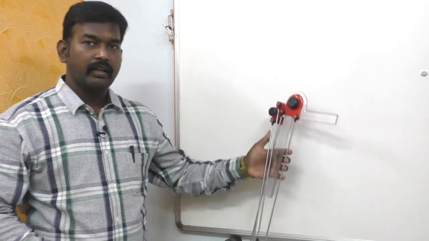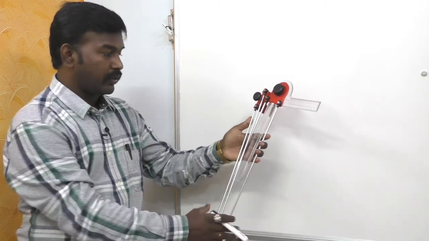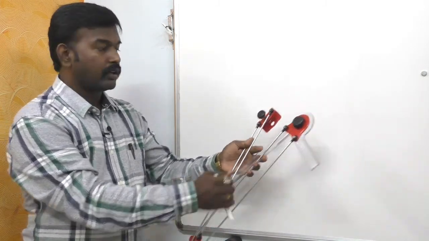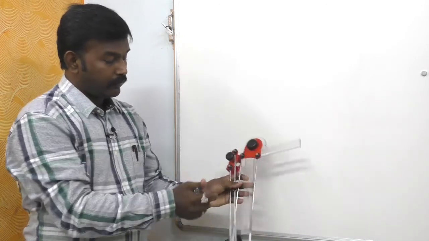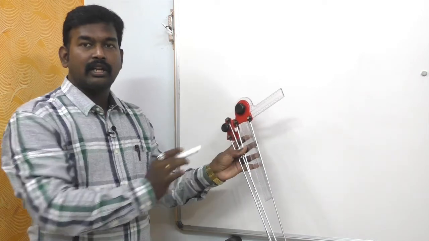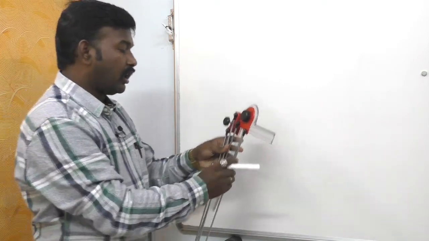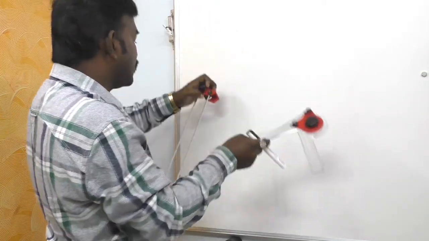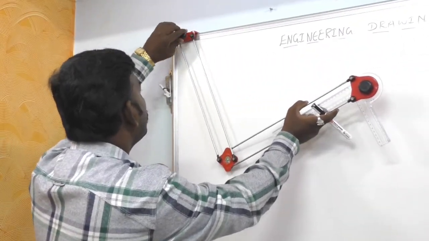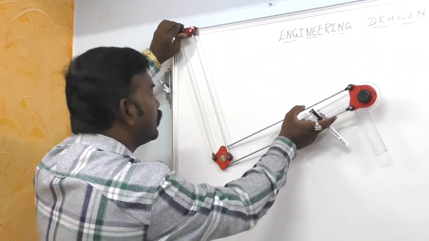Okay. Now let us discuss how to use the mini drafter. Here this is the mini drafter. These are the parallel slide bars and this is the scale. The scale has both a protractor and a steel rule. This basic bar is fixed at the topmost left corner of your drawing board.